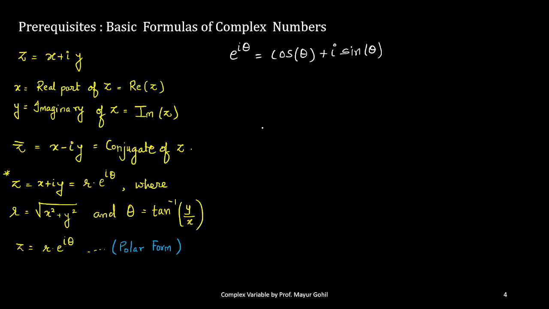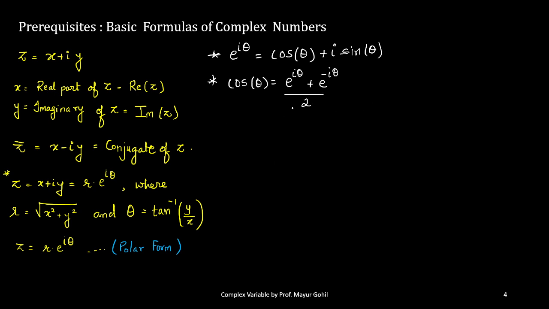Then we have a few more things which are very important to be noted and remembered throughout. The next important formula is cos theta can be written as e to the power i theta plus e to the power minus i theta upon 2.